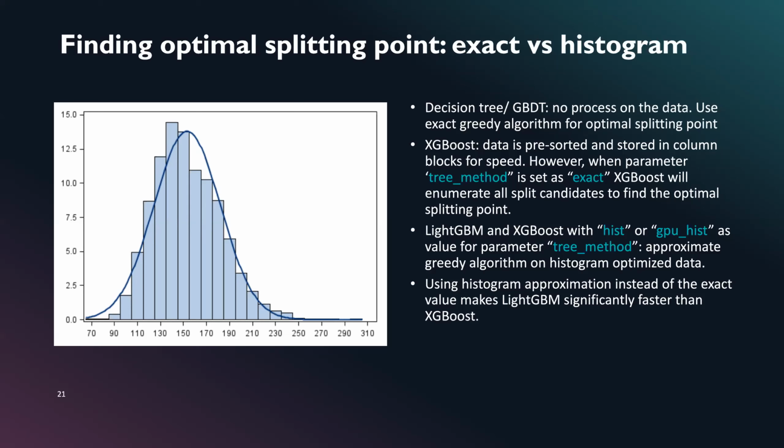And if we choose to use hist or GPU hist, which means instead of using the exact value, we use histograms for approximation. This significantly simplifies the computation complexity. So that's another difference between LightGBM and XGBoost.